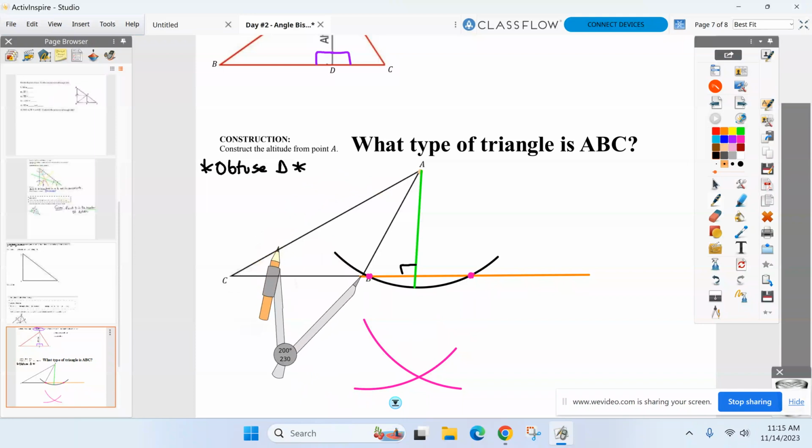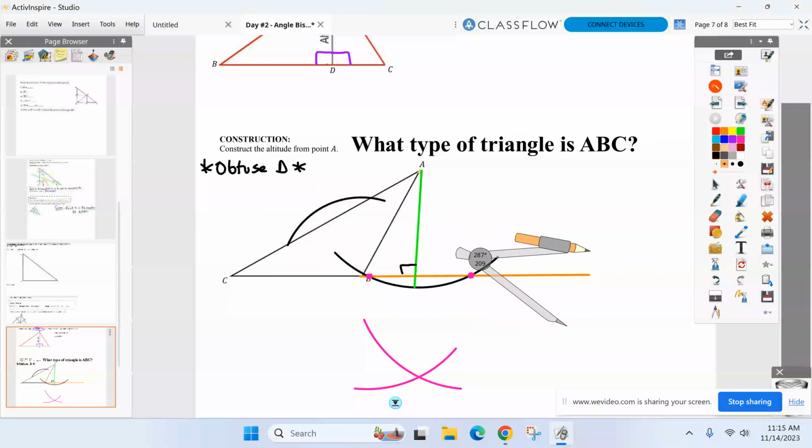Nope, we can get it to intersect AC in 2 spots. And the opening of your compass does not need to be the same for the last 2 as it was for the first. If you want to make it smaller for the last 2, that's fine.